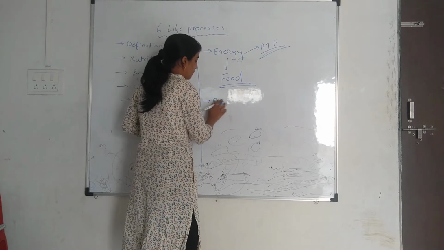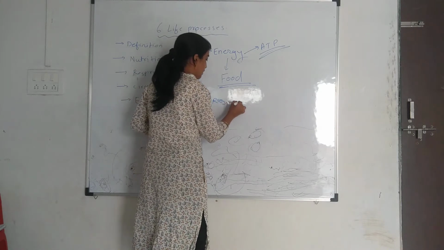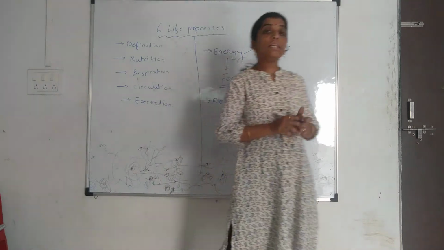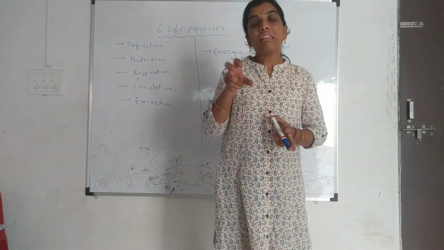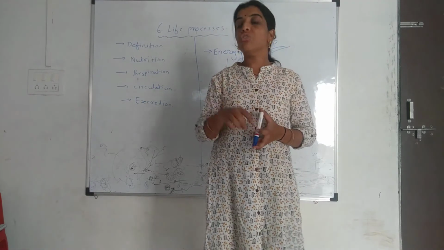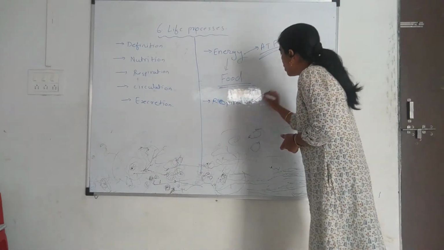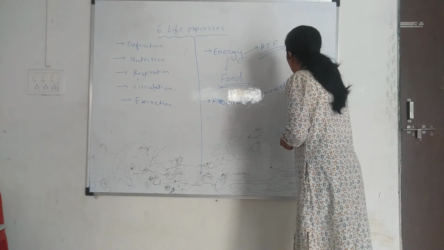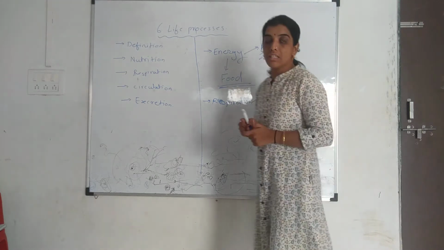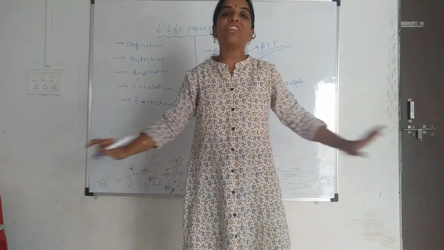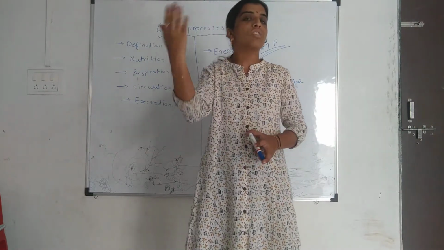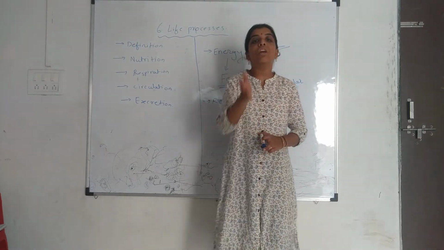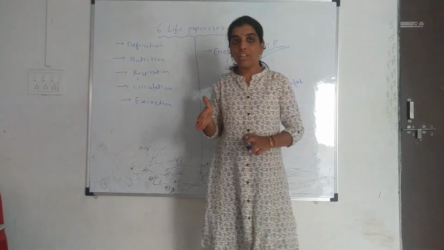Now, this respiration, in the case of microorganisms, or you can say in the case of unicellular organisms, is by the single cell. They do not have any specific structure in their body. I think you have studied in 9th standard about the cell, the difference between prokaryotic cell and eukaryotic cell.